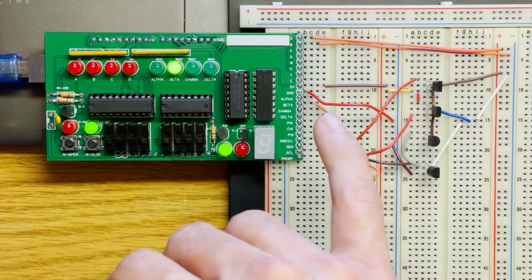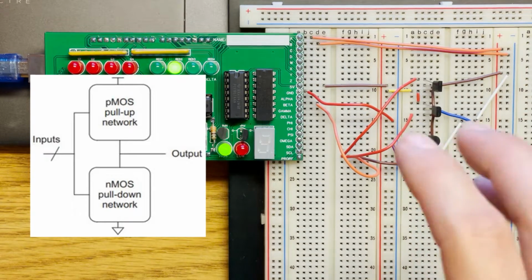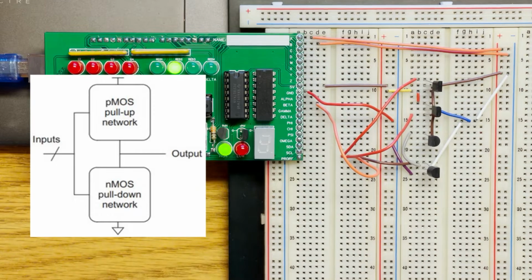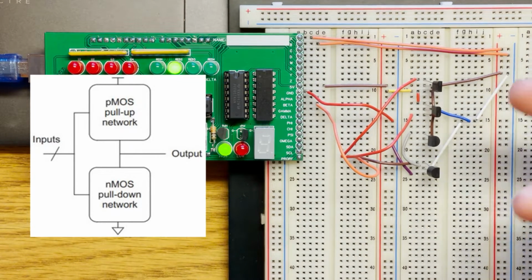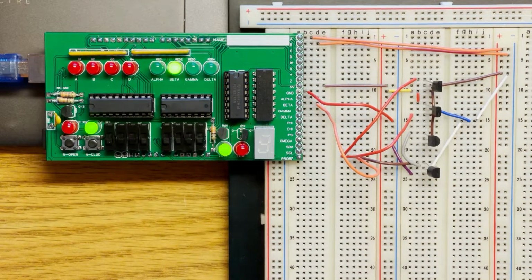So the pull-up network, once it receives a 1 signal, will output a high signal, allowing the light to be on. And the NMOS, the pull-down network, will output a low signal when it receives a 0.